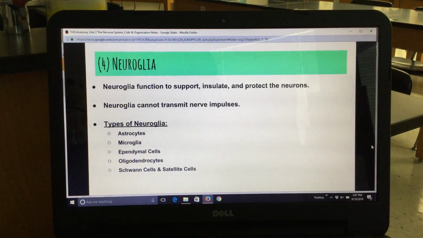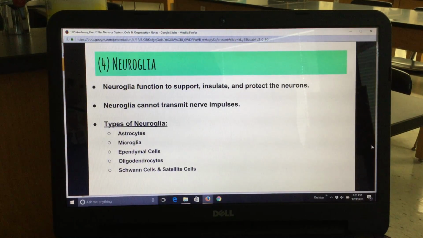Now, yes, your nervous system has these large cells called neurons, but they do all the major functions of your nervous system. They're very important. They run essentially every single organ system in your body.